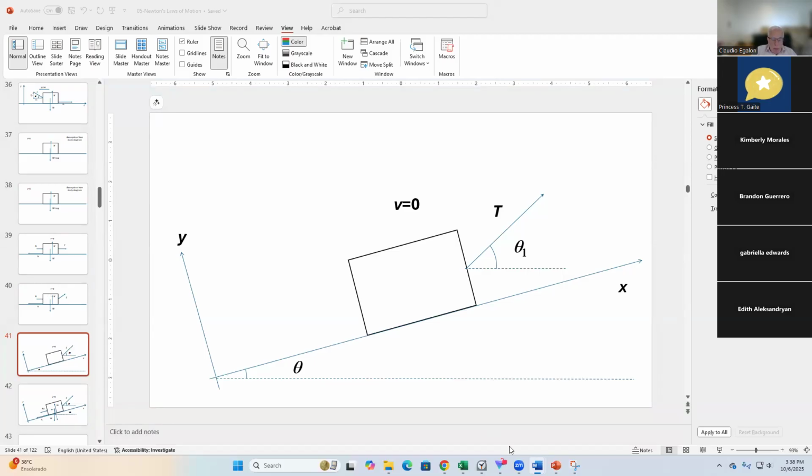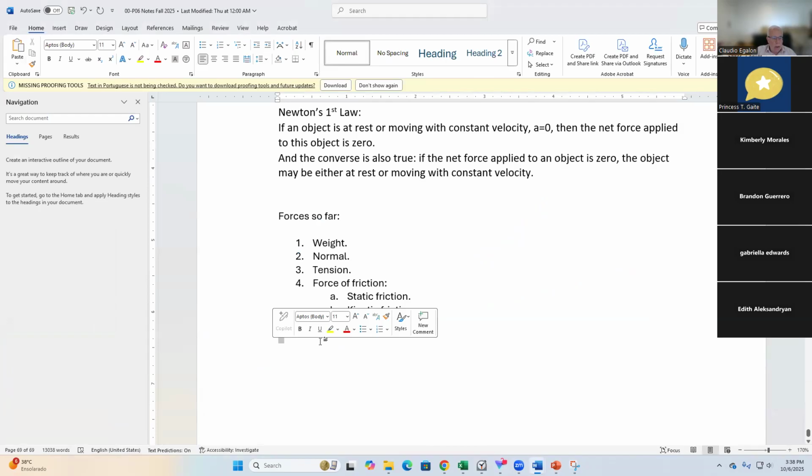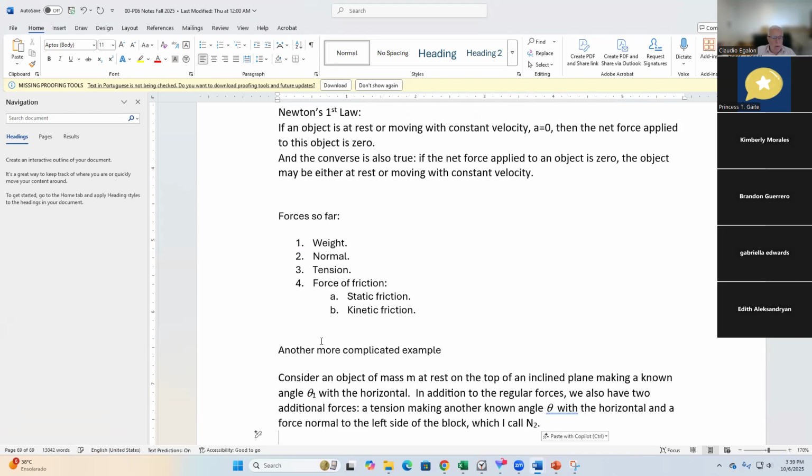Here you go. Example. Another, more complicated example. Consider an object of mass m at rest on the top of an inclined plane, making a known angle theta with the horizontal.